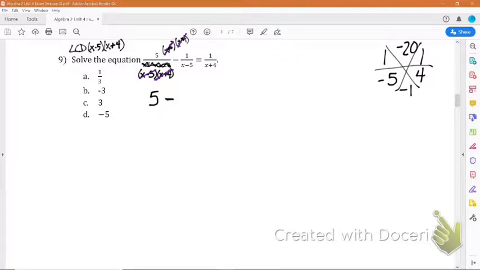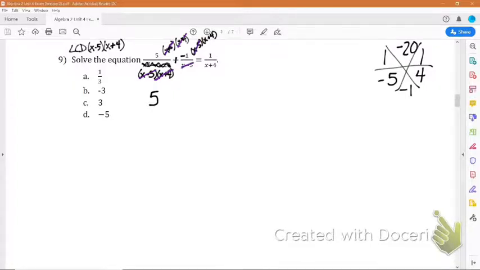Bring down your minus sign. Or better yet, we should move it for the next part. So change that minus to a positive, move that negative up with your 1. And then I'm going to multiply the second term by x minus 5 and x plus 4. Does something cancel? The x minus 5 should cancel.